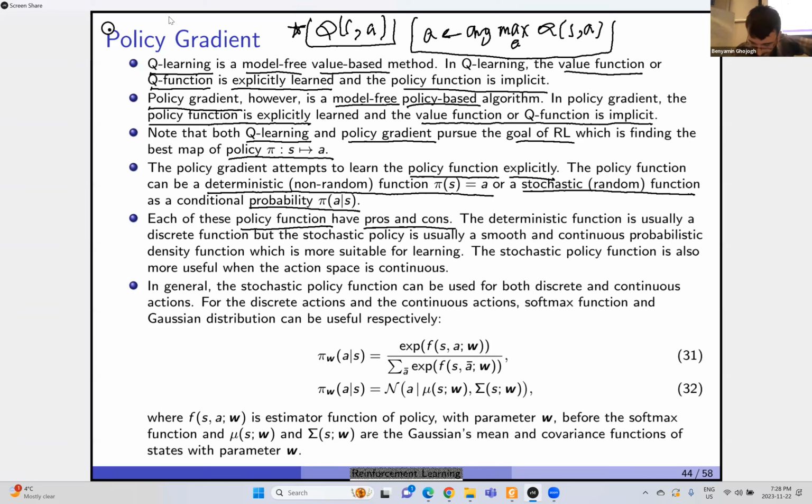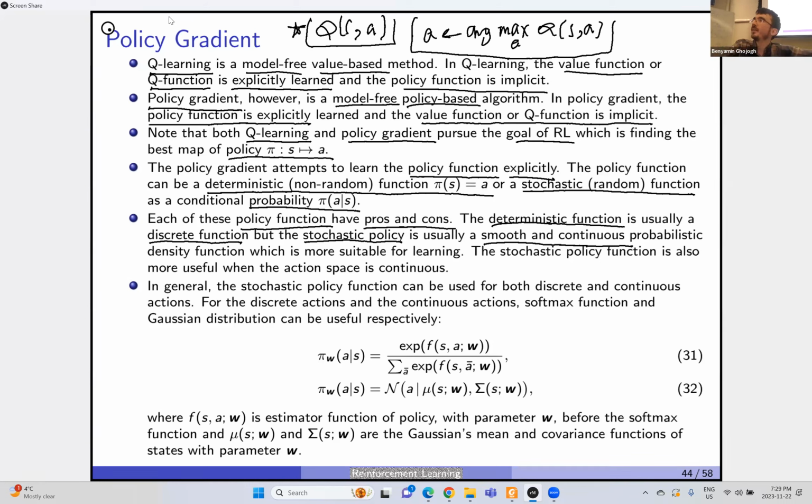A stochastic and a deterministic policy have their pros and cons. The deterministic function is usually a discrete function, but a stochastic policy is usually smooth and continuous. Why? Because for a stochastic policy, you can use probability distributions, and they are usually like a Gaussian distribution, smooth and continuous.